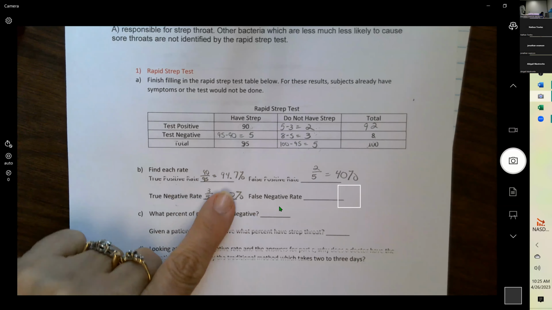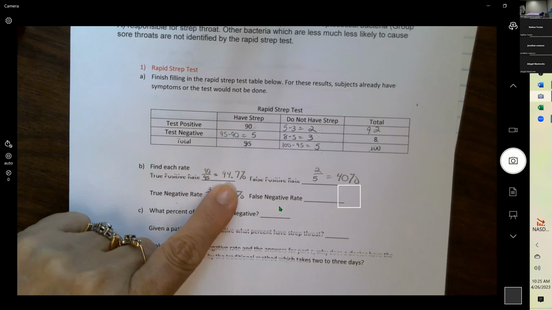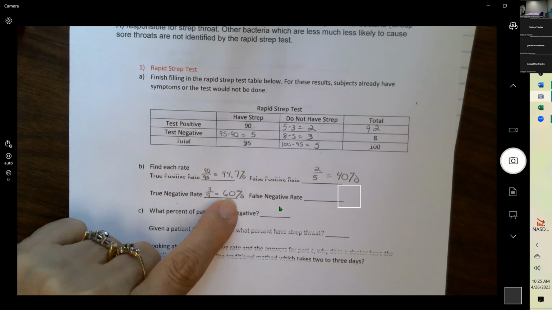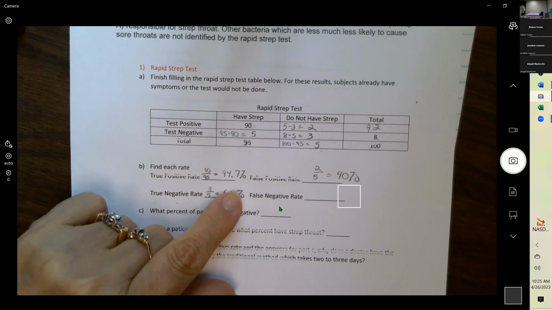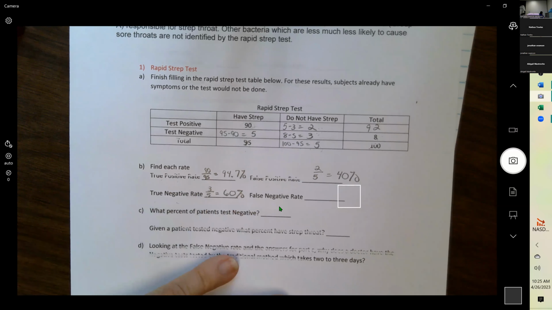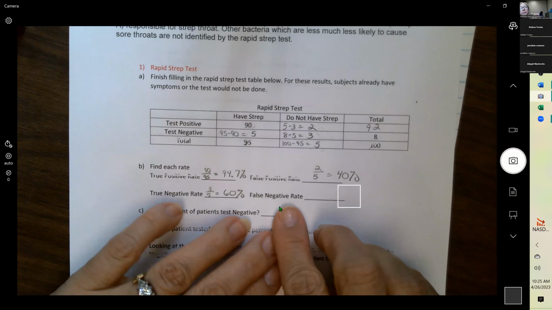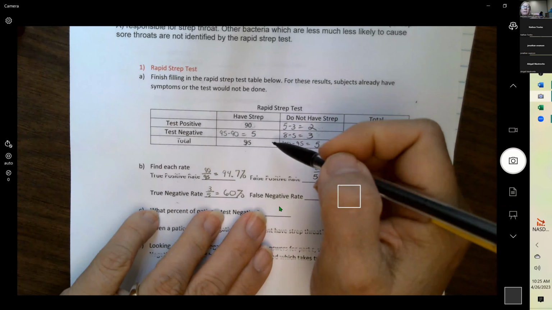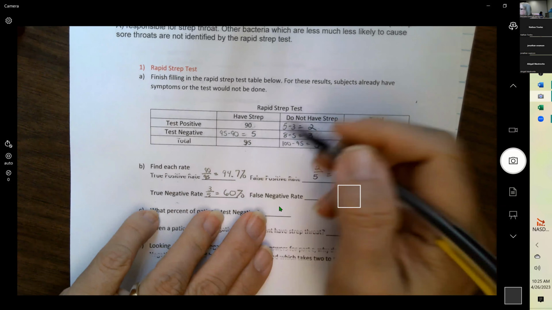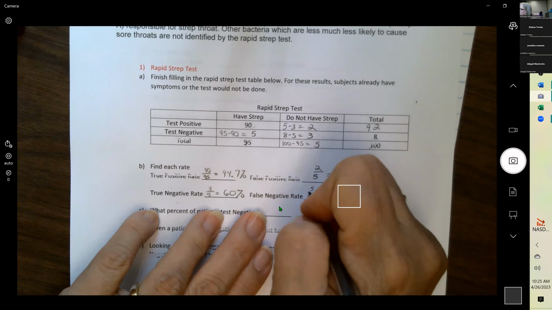This is our sensitivity. This is the specificity. That's kind of low. False negative is this one here. 5 divided by 95.